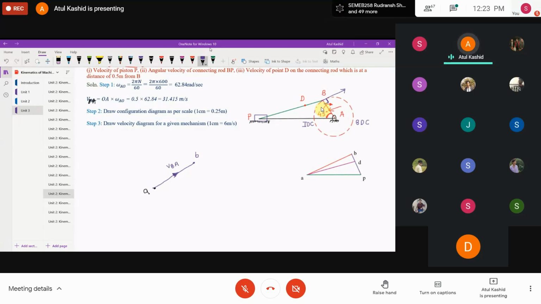Please complete up to this step. So this is the vector ab for my input link. We have finished with the link AB. We still have the piston and the link BP with us.